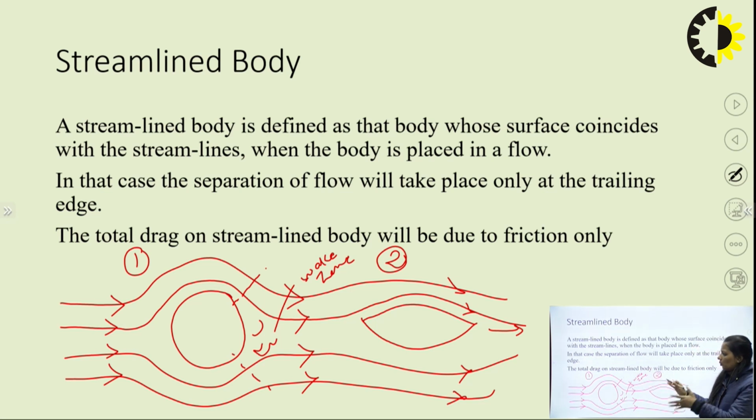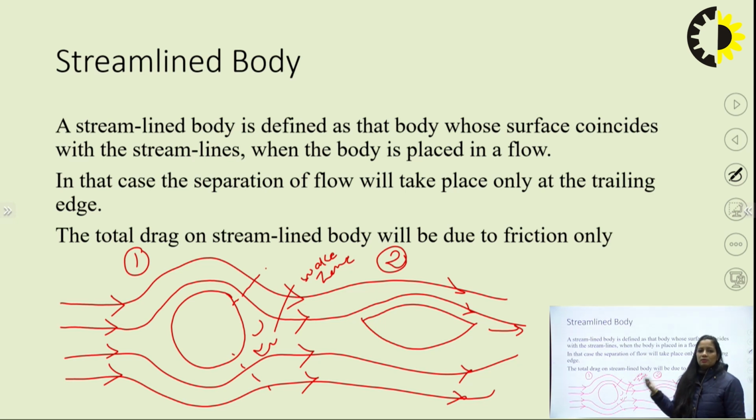So both the objects are streamlined, but when you compare, you will say that object number 2 is more streamlined than object number 1. Here you can identify what is a streamlined body and what is a bluff body.